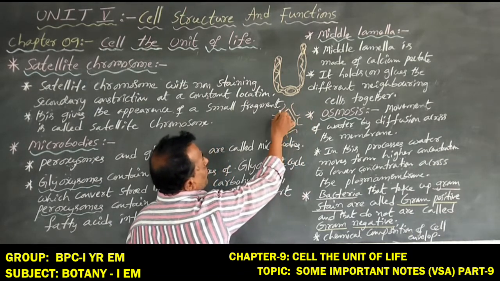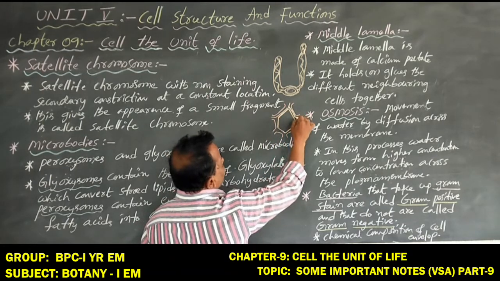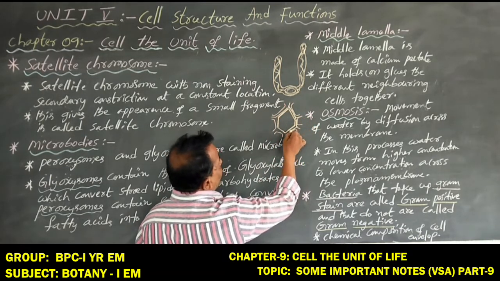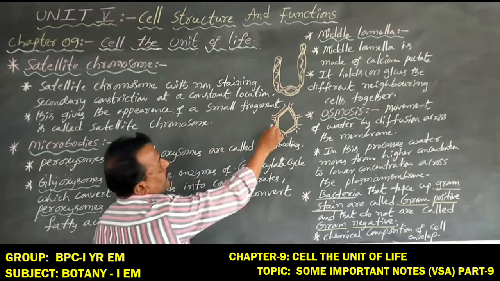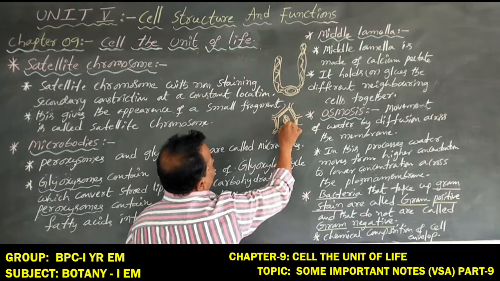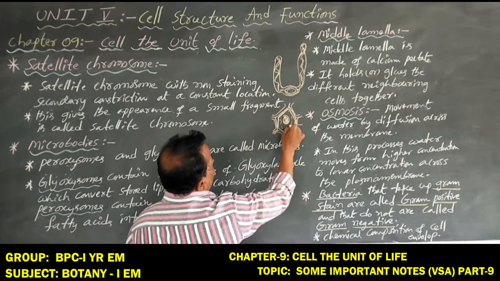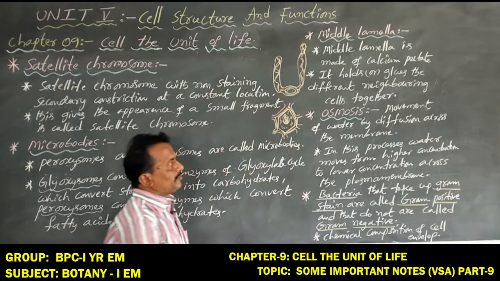Between the primary cell wall and the secondary cell wall is the middle lamella. This is the middle lamella. This is a nucleus containing chromosomes, and this is also cytoplasm. This is a general plant cell.